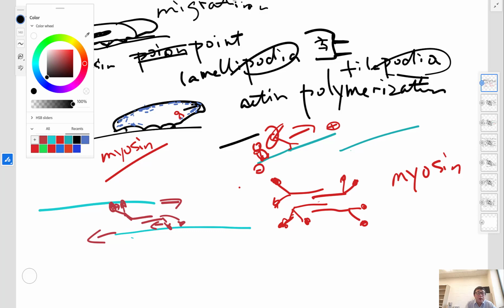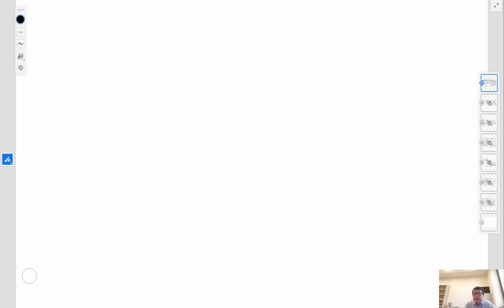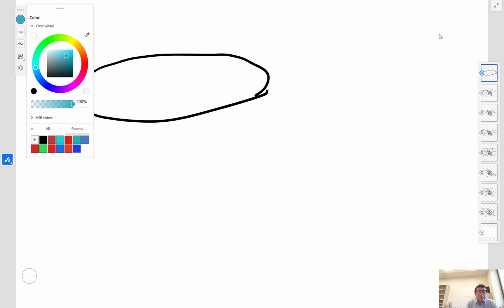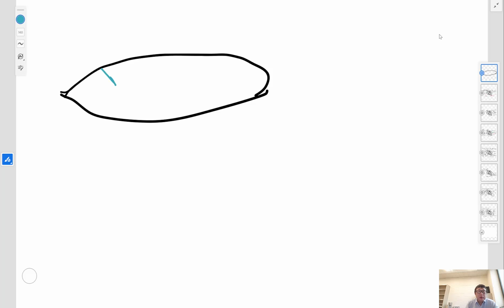And furthermore, here, this is a cell. And in this cell, it has many actin fibers connecting from one end to the other end.